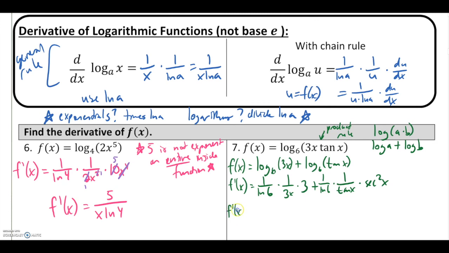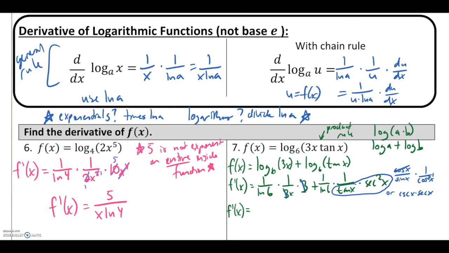What we can do on this one is we can cancel out these 3's. This dividing by tangent x times secant squared x, we'll just think dividing by tangent, divided by sine over cosine would be the same as times cosine over sine, and secant squared would be 1 over cosine squared, and we would end up with 1 over sine of x cosine x, or cosecant of x times secant of x.